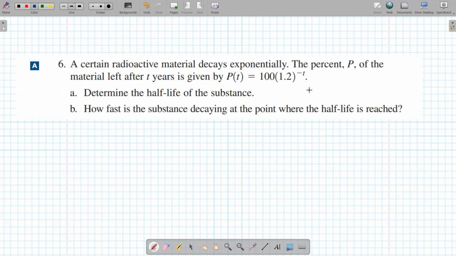It says the percent left after t years is given by this. When it says half-life, right? It means this happens with radioactive substances. They lose their mass by irradiation into the atmosphere.